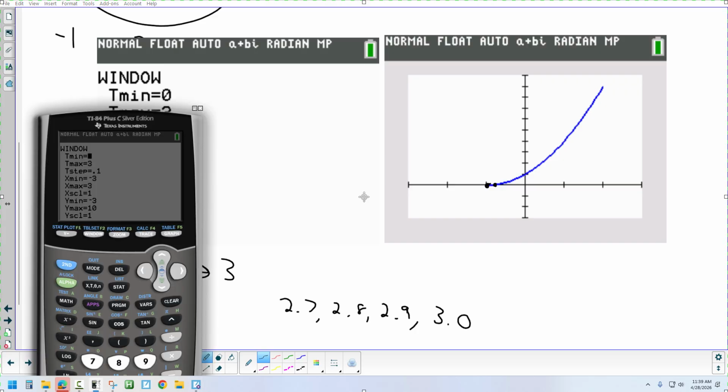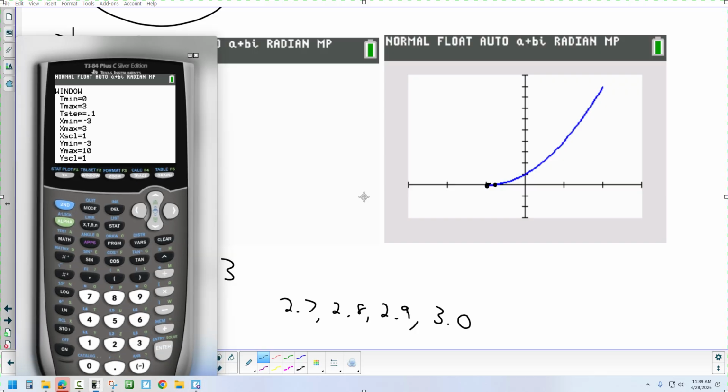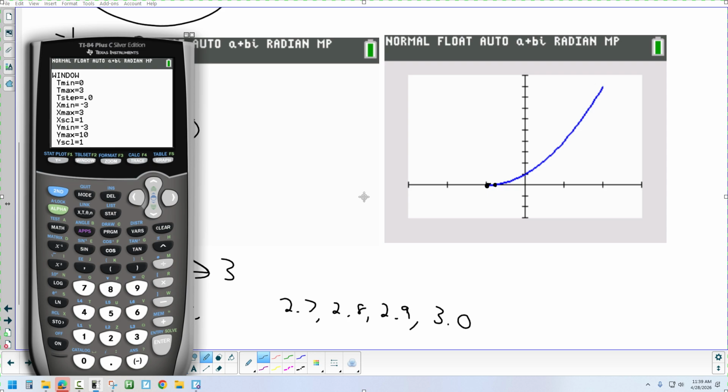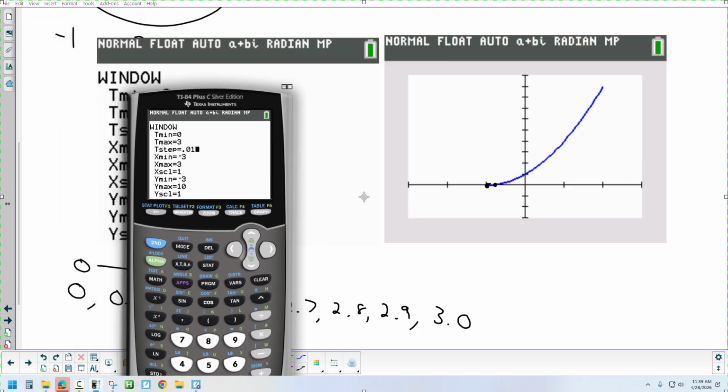Now, if you change the increment to be 0.01, it's going to plot points from 0 to 3, and it's going to do every single point in increments of 100th. So that's going to plot 301 points going from 0 to 3. Count by 0.01. It's 0.01, 0.02, 0.03, 0.04, 0.05, all the way till you get to 3. Right? It's going to draw that one a lot slower.